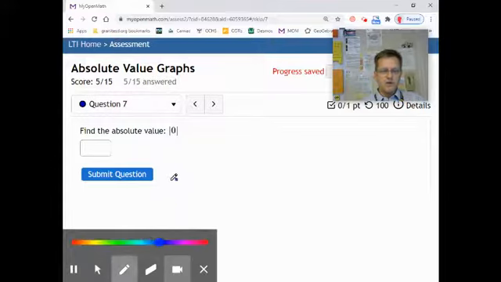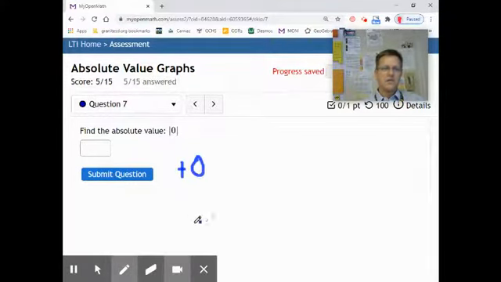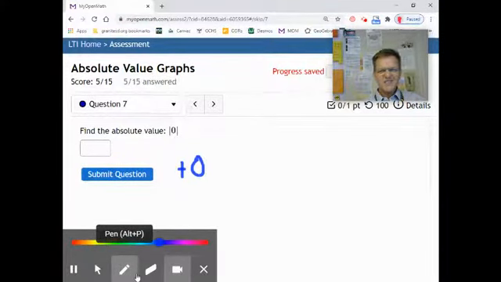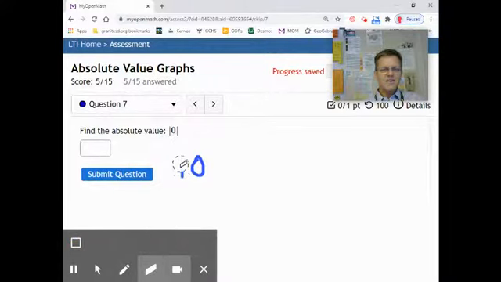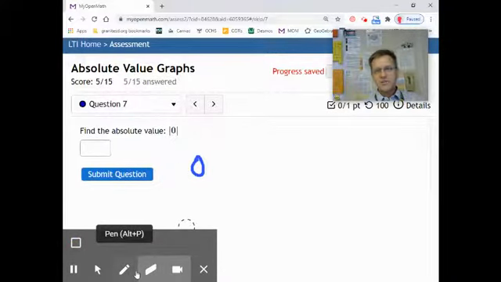Like you say, oh, I know, we're going to make positive 0. That's not really a thing. I mean, 0 is right in between positive and negative. Positive is everything to the right of 0, and negative is everything to the left of 0. So 0 is not positive or negative.